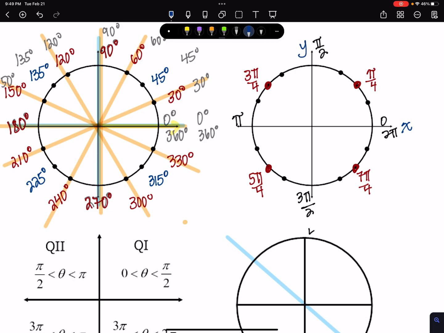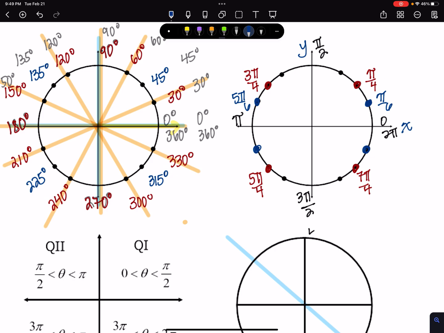So let's do the pi over 6s. Pi over 6s are going to be these 4 angles right here. They're going to be closer to the x-axis, and they're all the pi over 6 angles that don't reduce. So 1 pi over 6, 2 pi over 6 reduces, 3 pi over 6 reduces, 4 pi over 6 reduces, 5 pi over 6 does not.